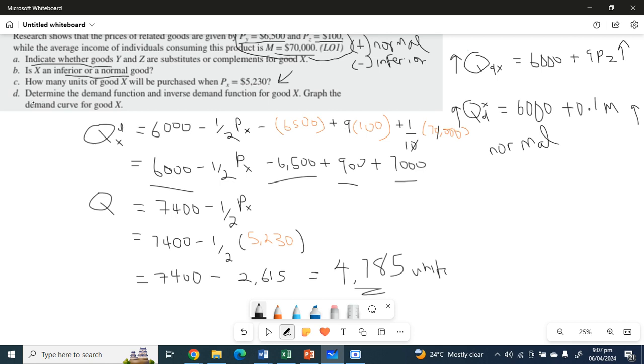So they said determine the demand function, which we've done here already. And then they also want the inverse demand function.